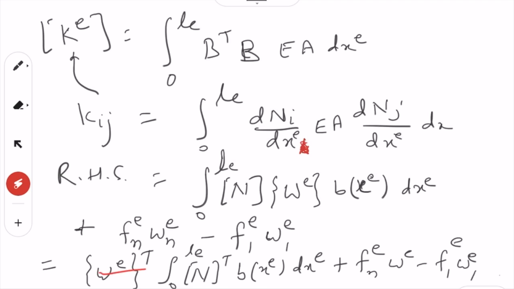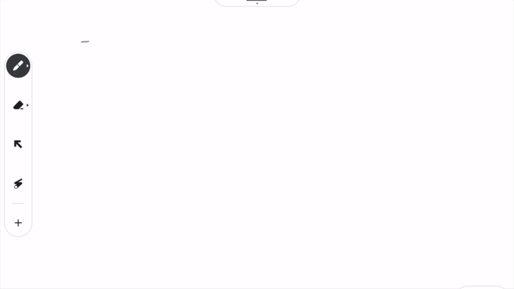Here, everything now we can write also like this: W_E has all the terms, right? W_E will have W_E^1, W_E^2, and so on, W_E^n. So basically the whole thing we can write something like this is equal to W_E transpose, and then we will have here something like this.